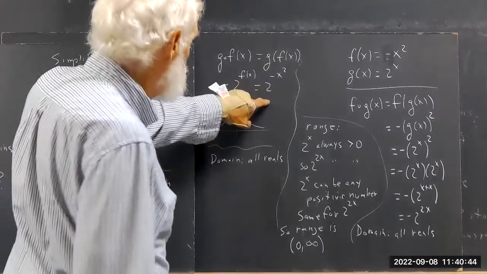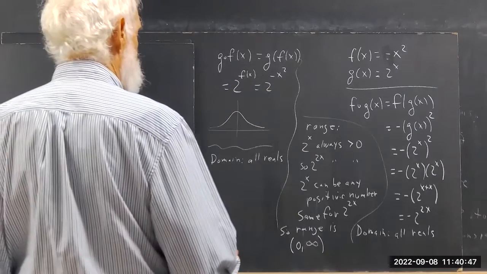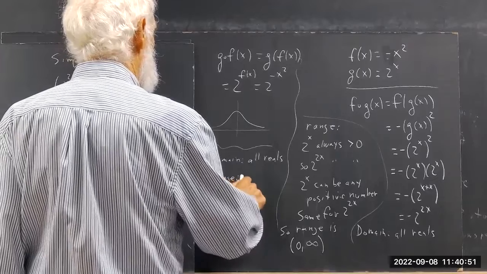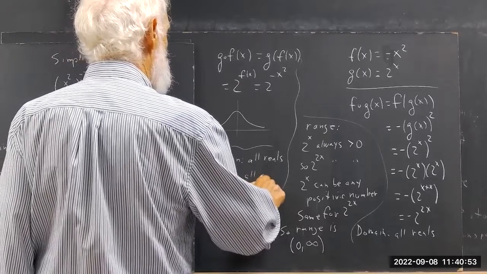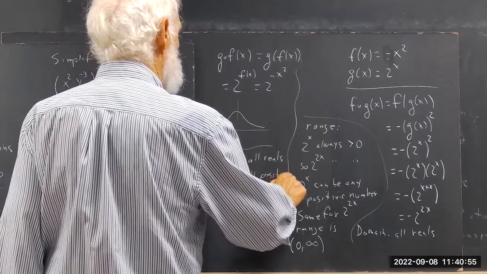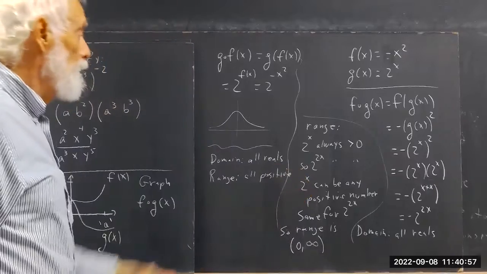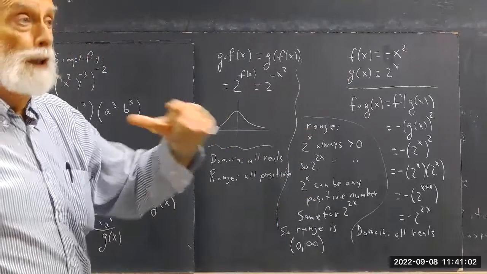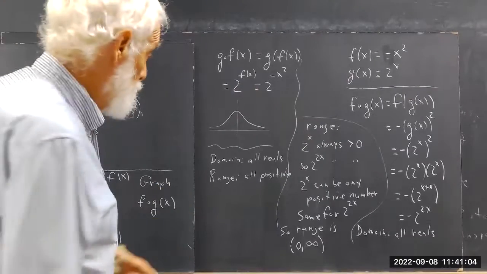You're going to get a positive result. It's all positive because, of course, your exponential basic 2 to the x function always gives you positive results. We just talked about that.